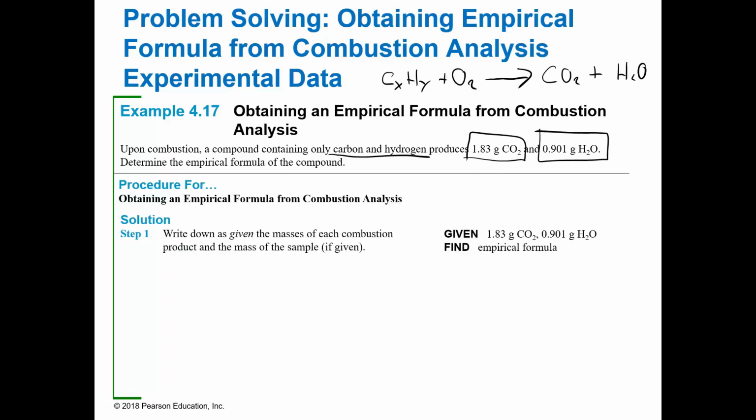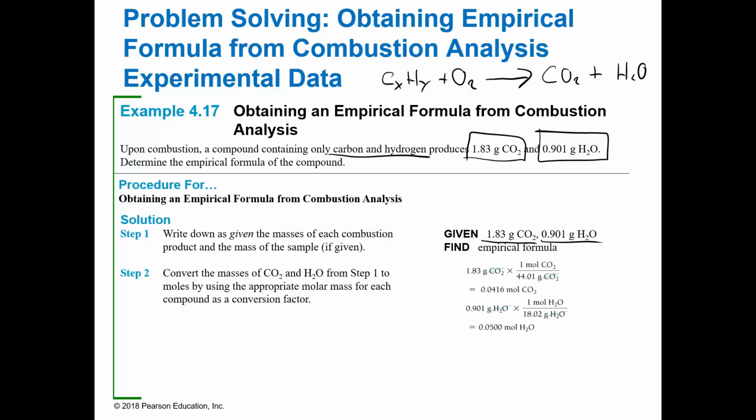So first you calculate. Let's just follow this. You take the grams of carbon dioxide, and you calculate based on the molecular weight of carbon dioxide the number of moles of carbon dioxide.